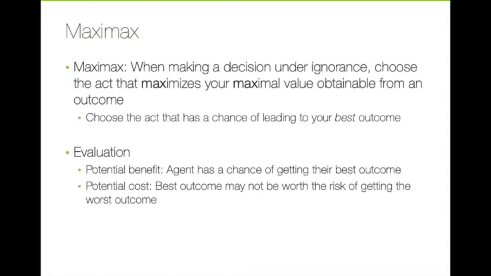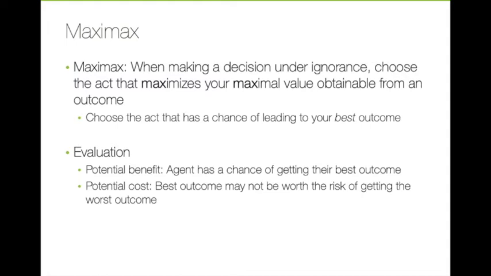The first rule we'll look at is maximax. When making a decision under ignorance, this rule tells us to choose the act that maximizes your maximal value obtainable from some outcome. So you choose the act that has the chance of leading to your best outcome.